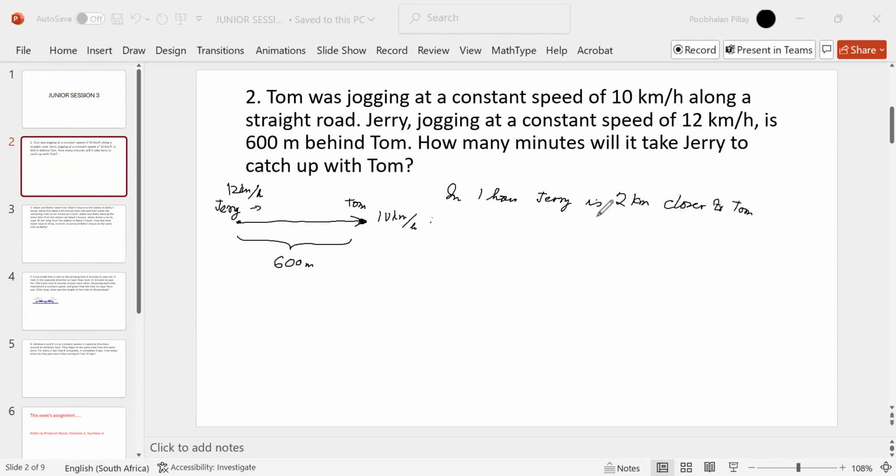He's traveling faster. So one is traveling 12 kilometers in 1 hour, the other is doing 10 kilometers in 1 hour. So therefore, he would be 2 kilometers closer to Tom in 1 hour. But the distance between them is only 600 meters. So you want to know how long it would take to cover the 600 meters.